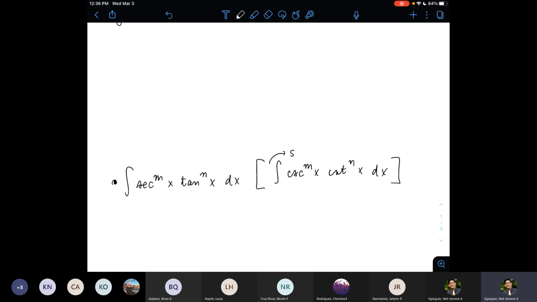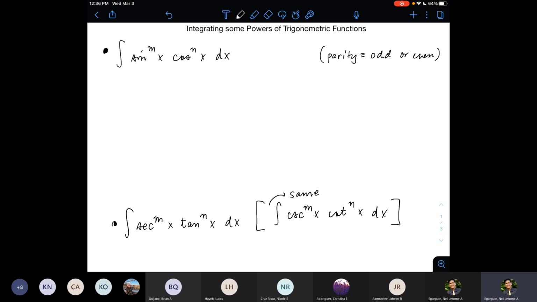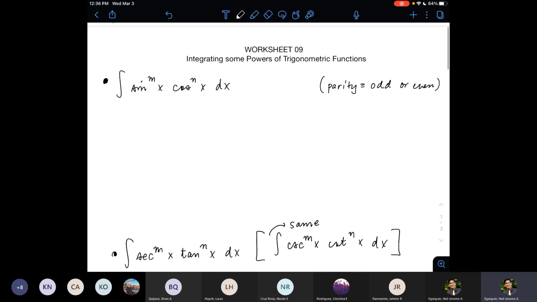So this is the same procedure. Basically the three pairs of trig functions will be reduced to two types of solutions, right? Let's start with sines and cosines first, and probably we'll do secants and tangents on Friday. So let's focus on sines and cosines.